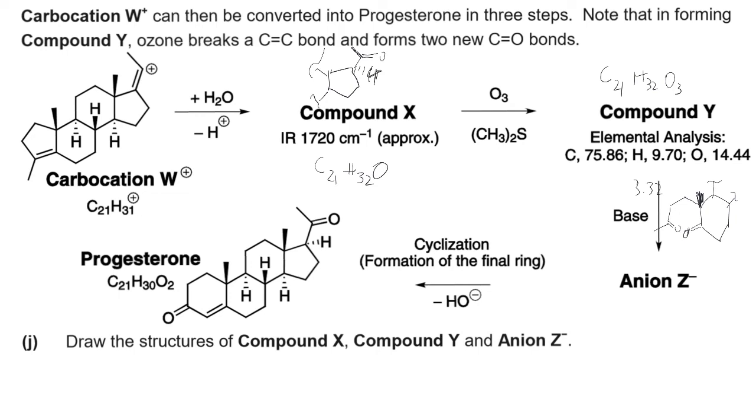But protons that are attached to carbons next to a carbon-oxygen double bond, so the ones that are attached to here, here and here, are acidic, and this one is going to be the most acidic, most available proton, and one of the protons that's attached to this carbon is the one that's going to be removed here.